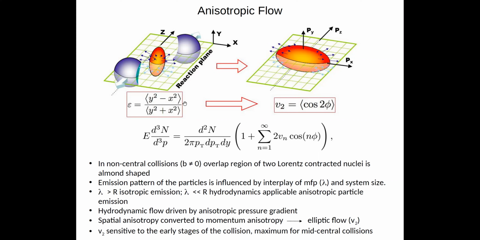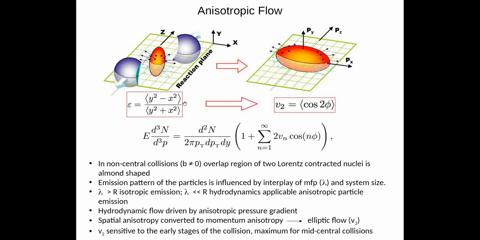No, the anisotropy itself is converted from the coordinate space to the momentum space because of this anisotropic pressure gradient. To start with, there is anisotropy in the coordinate space, and there is a local thermal equilibrium which leads to an anisotropic pressure gradient. This anisotropic pressure gradient converts the initial spatial anisotropy into the momentum space anisotropy, which is basically your measure. V2, the elliptic flow coefficient, is the measure of your anisotropy in the momentum space.